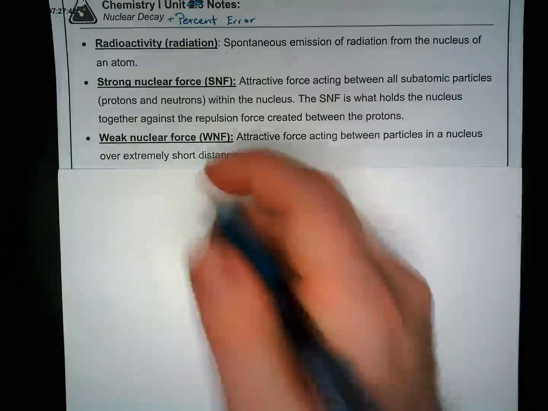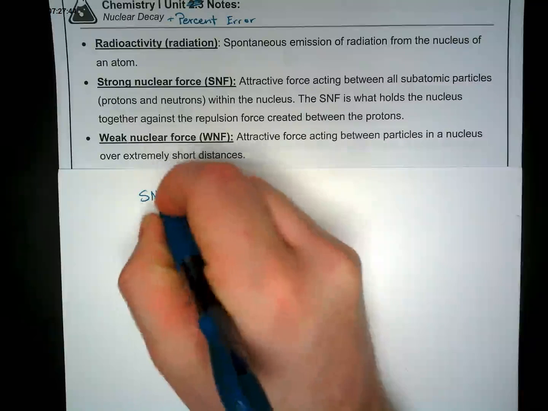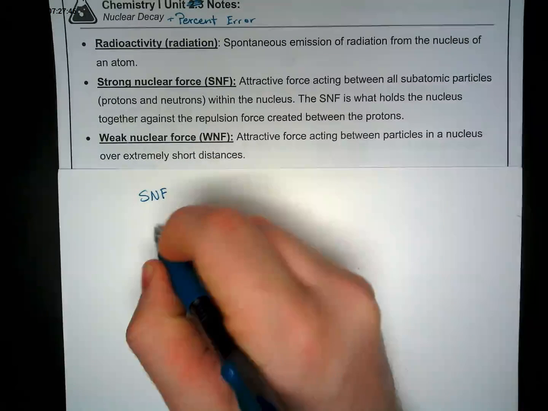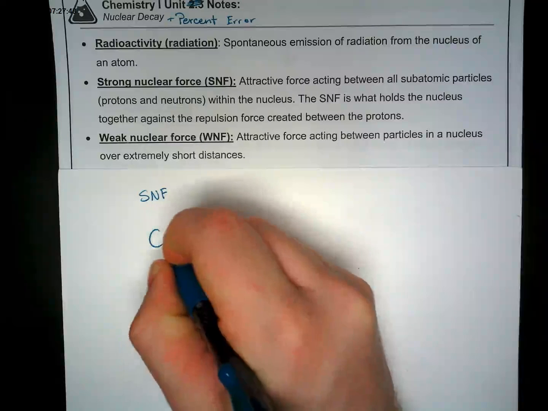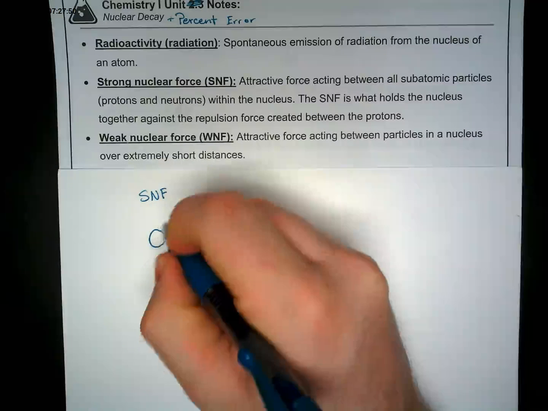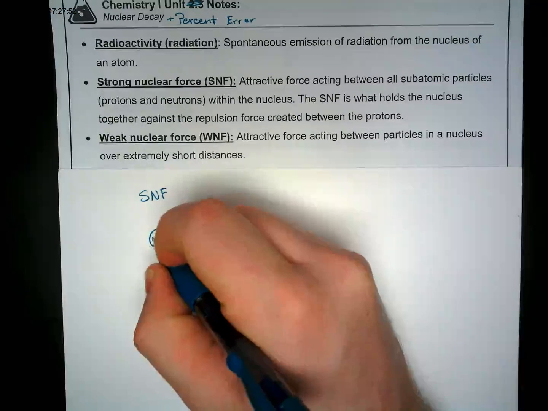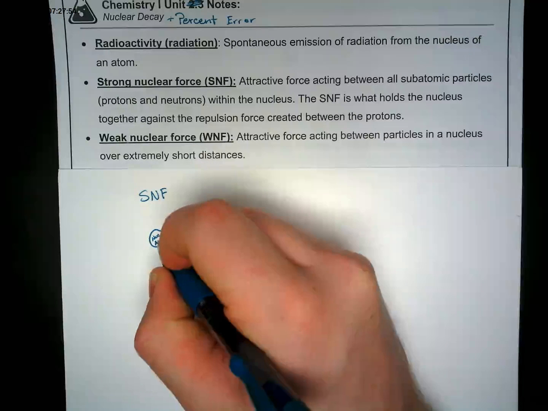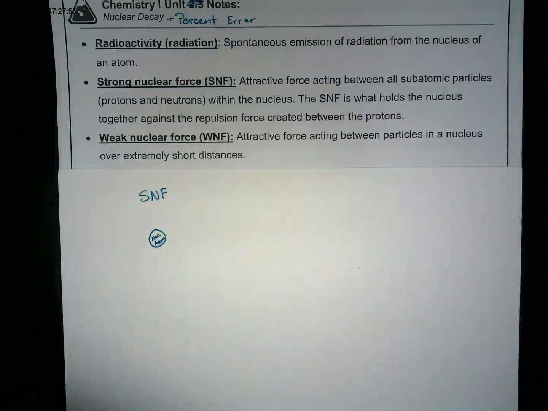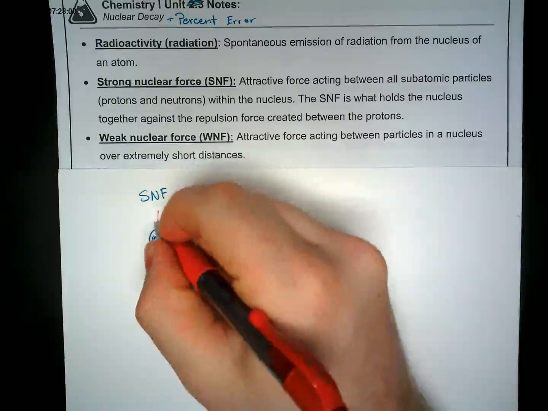But to kind of make an image of it, here's our strong nuclear force. This is what it looks like. If this is the nucleus of whatever atom, the strong nuclear force is more or less doing this.